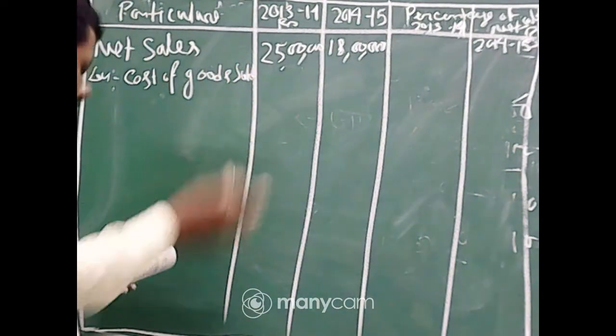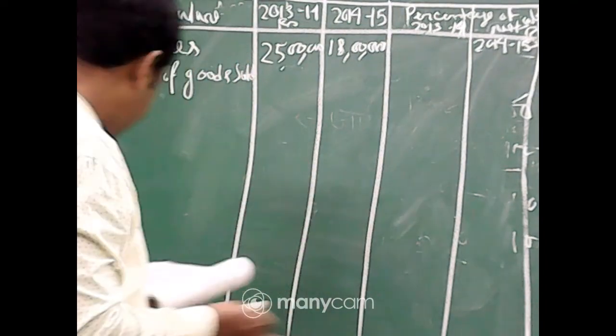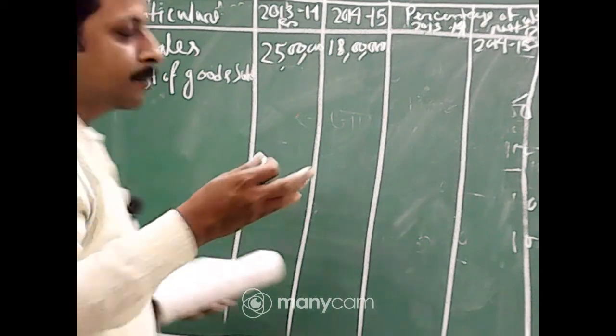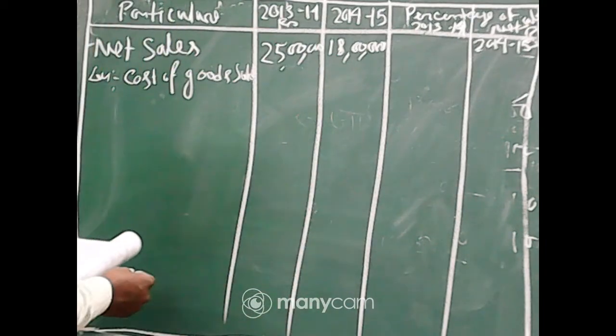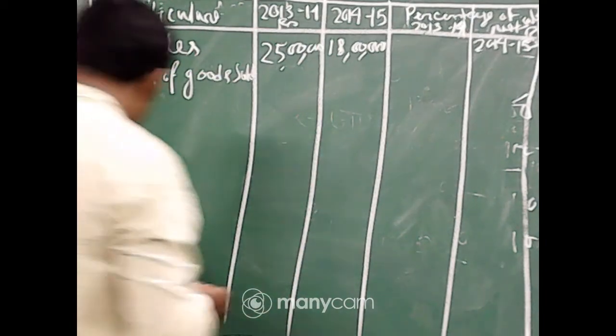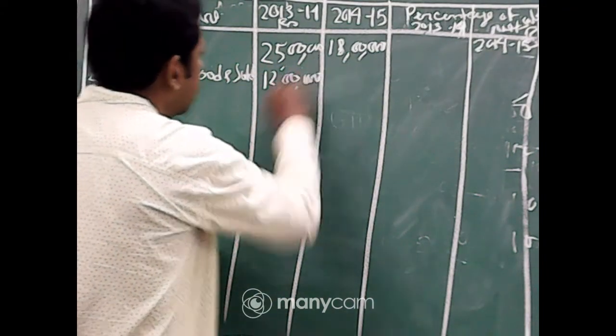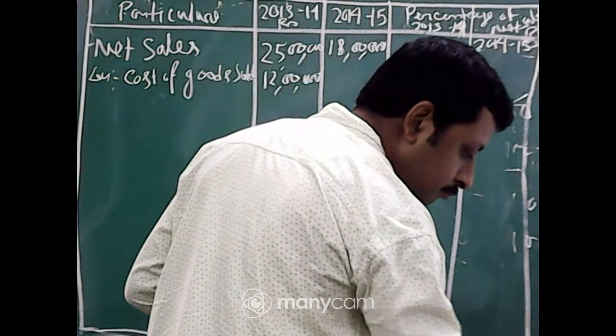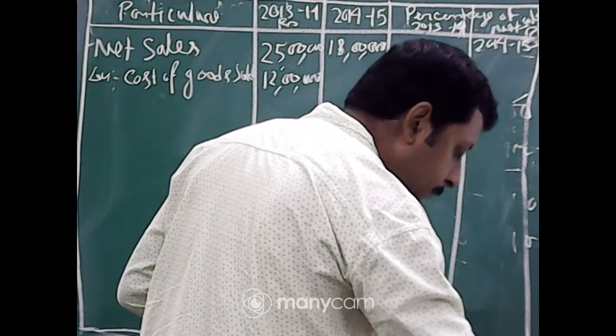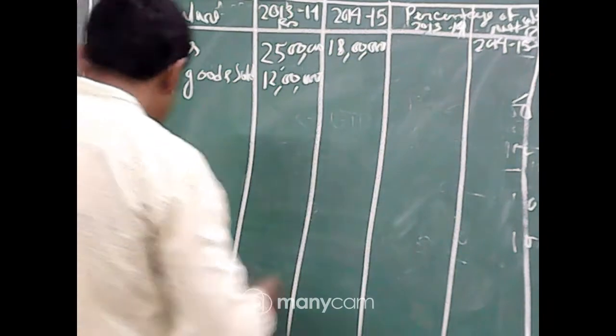Now there is opening stock, there is a purchase, there is other expenses, wages, some factory expense comes under cost of goods sold. So if you less from here, that is 12 lakh and 10 lakh.